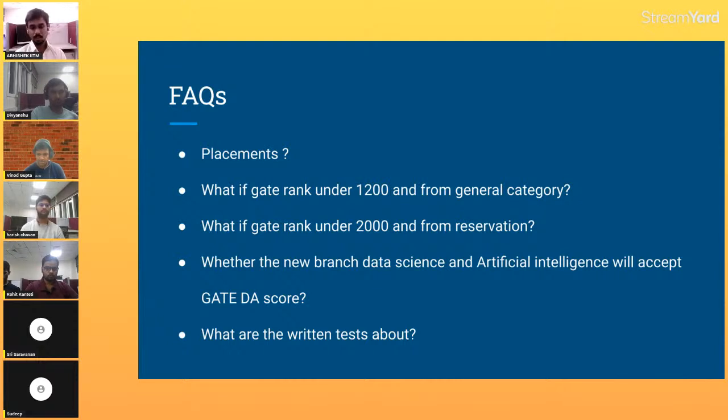The placement is really good, and talking about this year's placements, the placement season is still running, but what we can see is that the season is good till now. Most of the people are placed in MS as well, and they are placed in very good companies, and the average package will, I think, be almost equal to last year.